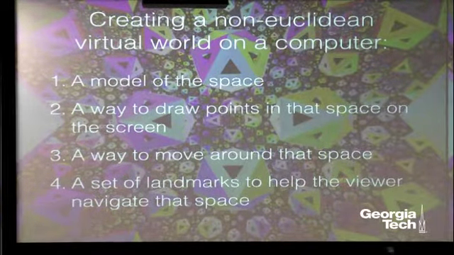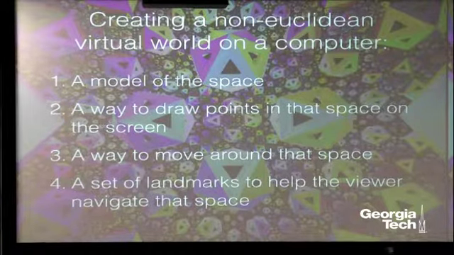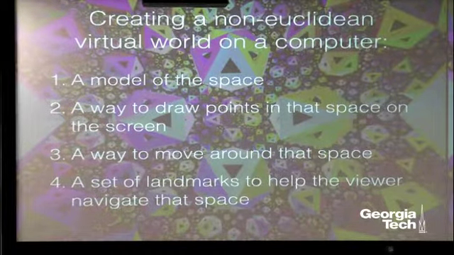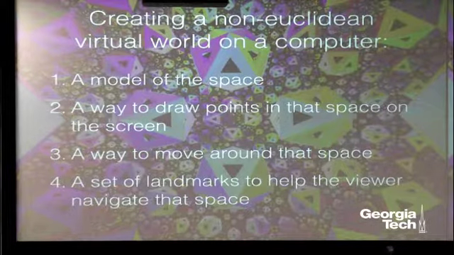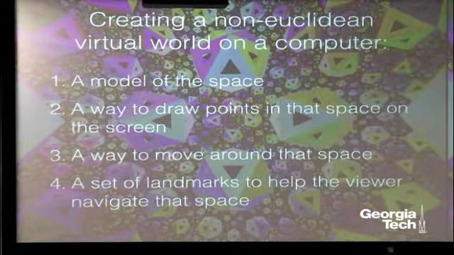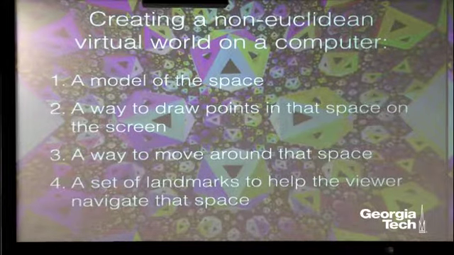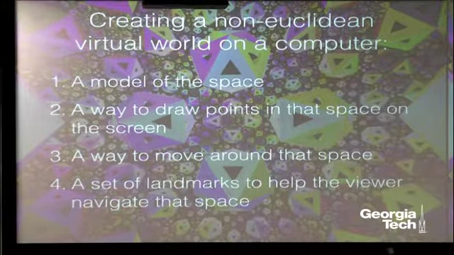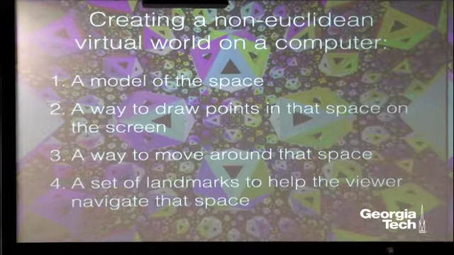And then lastly, I need a set of landmarks to help the user navigate space. I mean, I could put you in there in a black screen and tell you, this is curved space, but you wouldn't believe me. You'd say, well, your Hello World program broke. So we're going to do this with tilings.